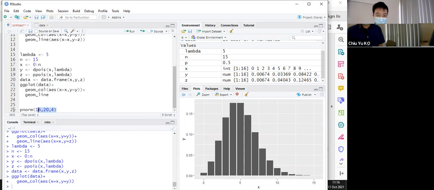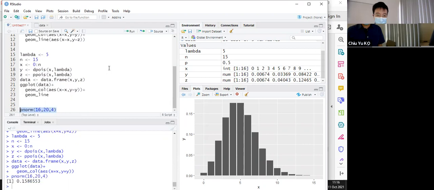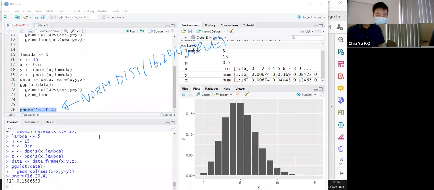We did pnorm in class, so this is the answer. This is just the norm, 16, 24, false, true. If you use Excel, this is norm, this 16, 24, true. This is the answer.